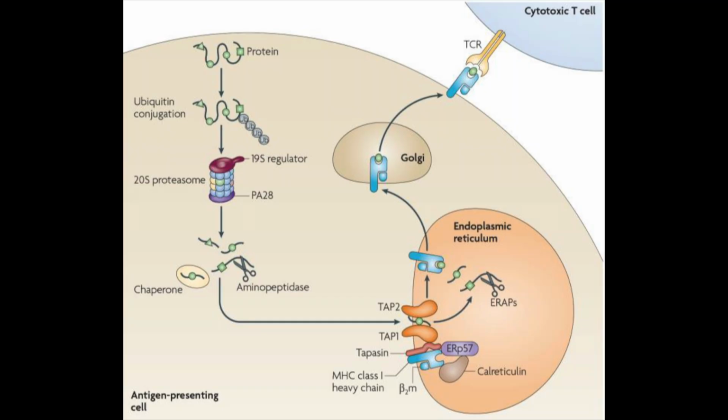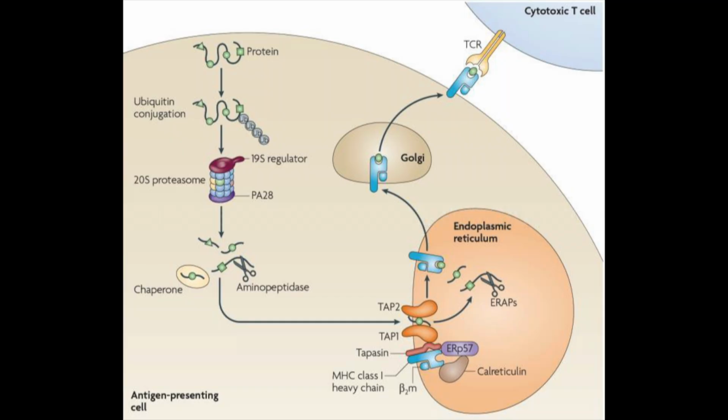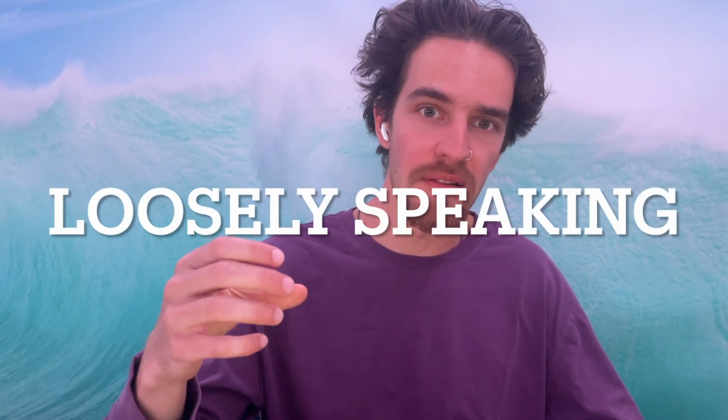So you might have a very large protein, many hundreds of amino acids long, and it gets cut into like 10 to 15 amino acid long chunks, and these get loaded onto the MHC1 and then presented on the membrane of the cell. And then these T cells will go around and sample the MHCs. They'll bind to the MHCs with their T cell receptors, and if they see something that's related to a pathogen, this T cell receptor will bind even more tightly and make the T cell aware that there is a pathogen nearby, I guess.